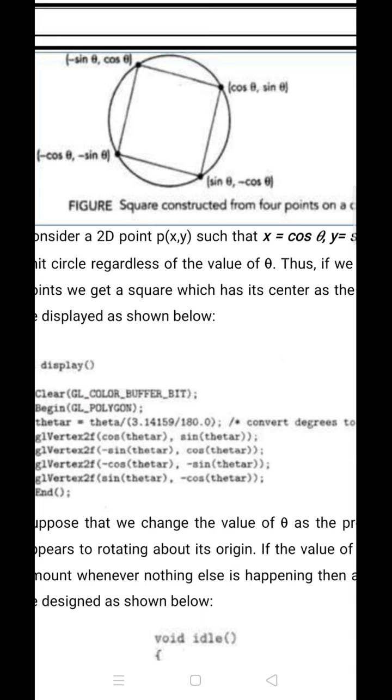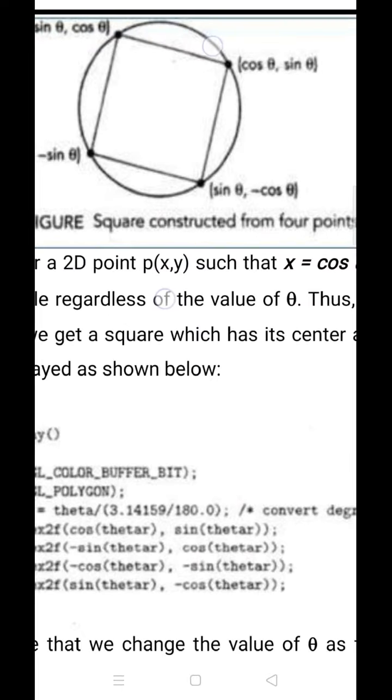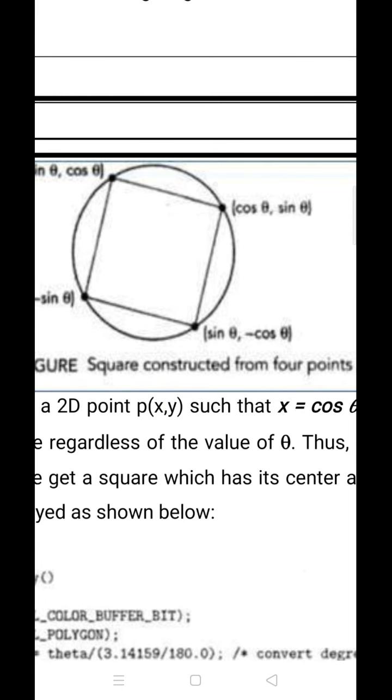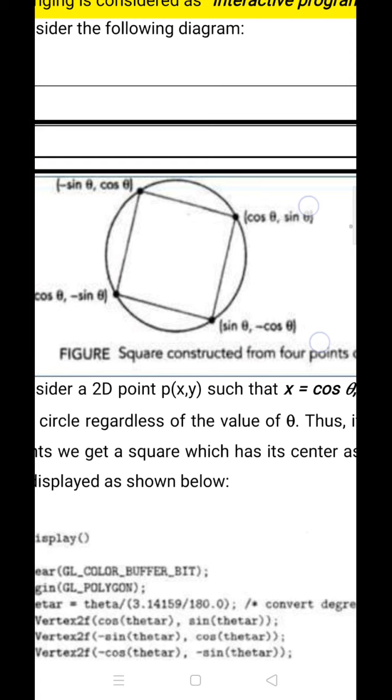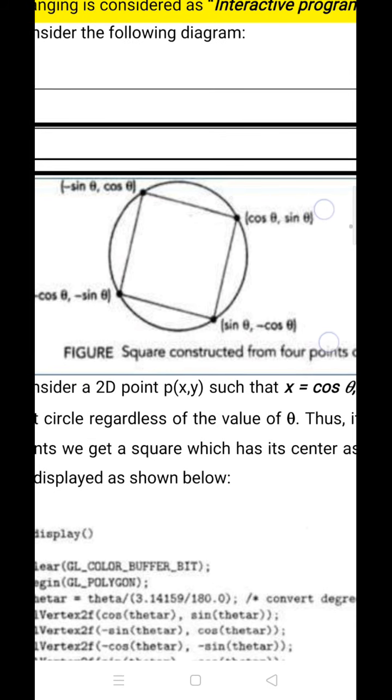X represents the horizontal side, refer to the coordinate system, and y is the vertical side, so we replace the y term by sin theta, right? So the 4 different points' values are given. Instead of x, y, we have taken the pair of values as cos theta followed by sin theta. Hope it is visible, isn't it?